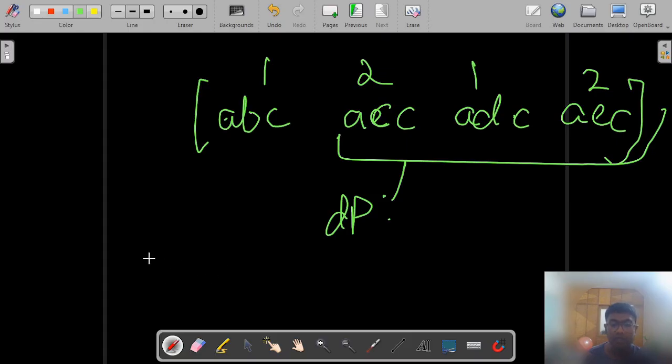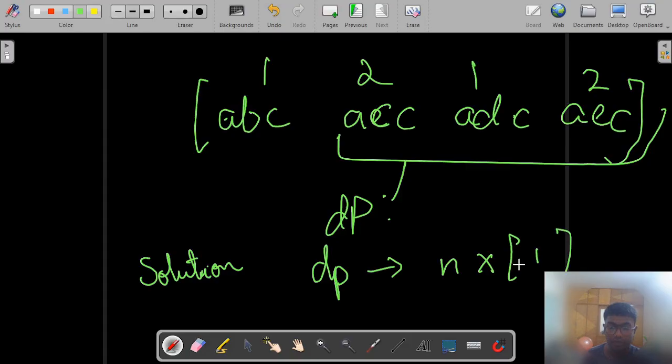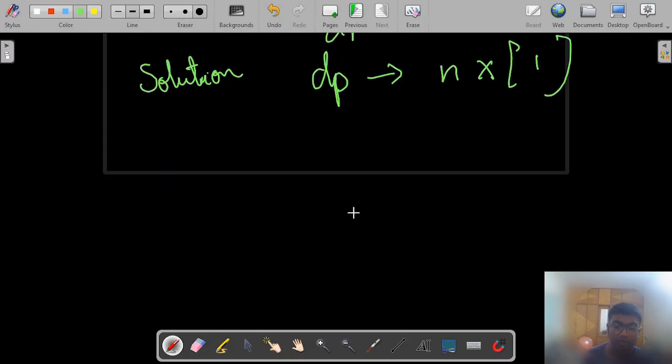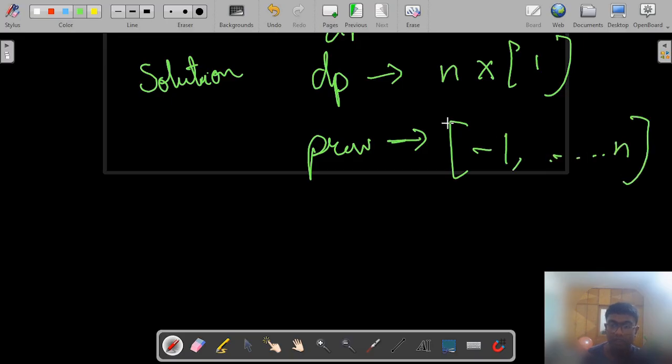So the solution approach in dynamic programming is, firstly we initialize a DP array with the length n, with all ones, and then we have a previous array which would have -1 as a pointer to the previous index for the specific DP index.